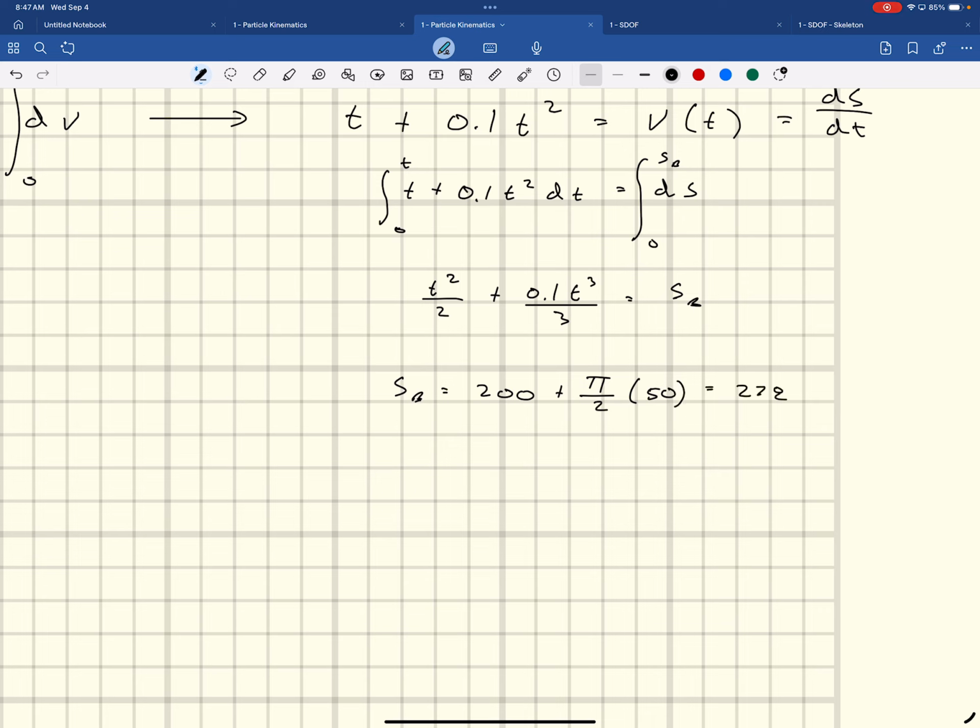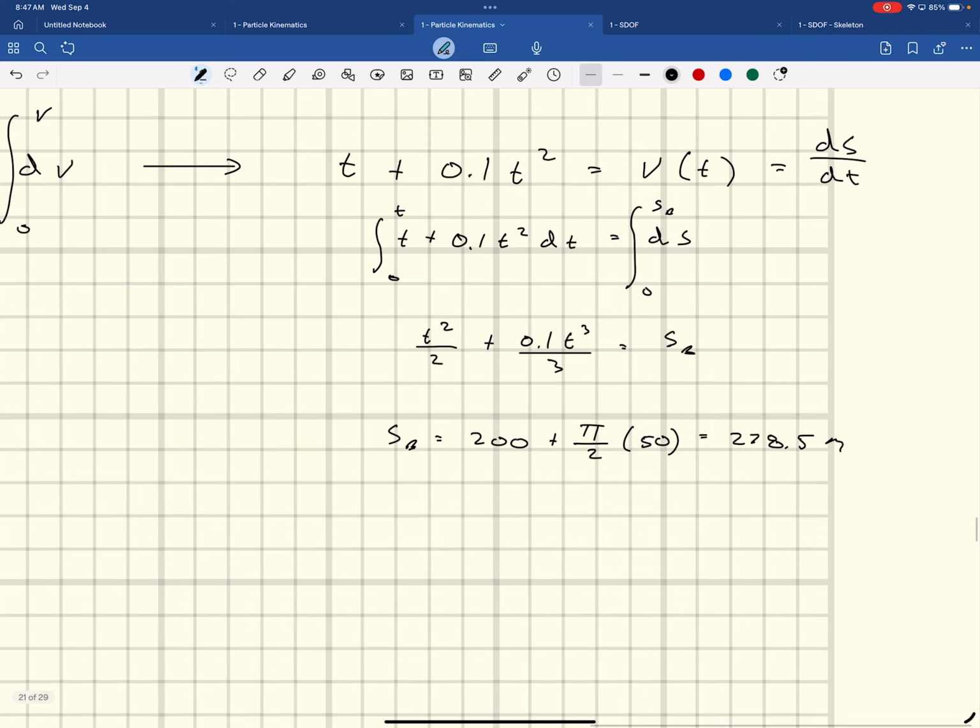This would be 278.5 meters. So it's got 278.5 meters to get there. And so I can calculate how much time it takes me to get to that point. I can take this, plug it in for that SB right there, and then out of that will come the amount of time. You can solve for t there, plug it in your calculator. T ends up being equal to 16.33 seconds.